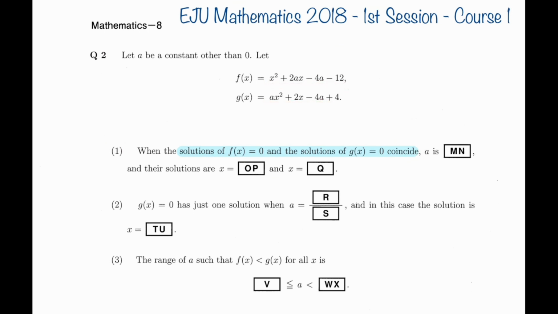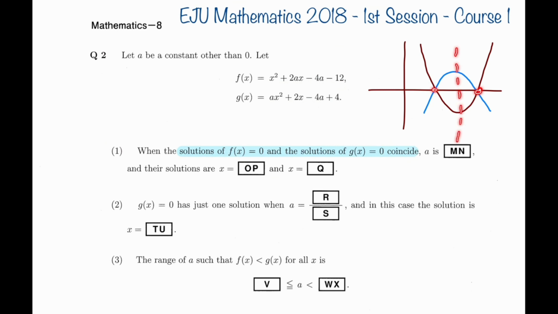You can imagine if you have two parabola, I will give you an illustration here. If you have two parabola, let's say this is the first one, and then this is the second one. I will assume the second one is concave downward like this. If the x-intercept are coincide, that means the symmetrical axis must also the same.